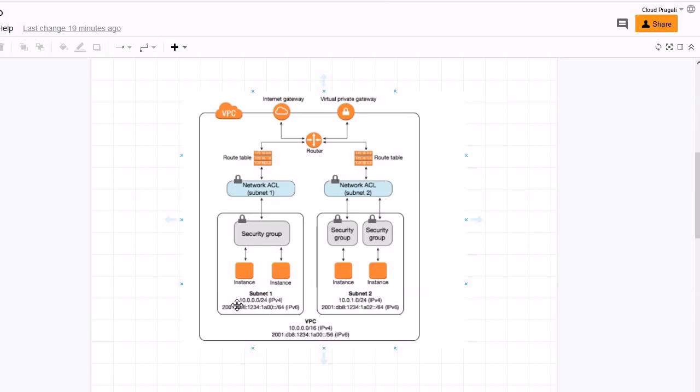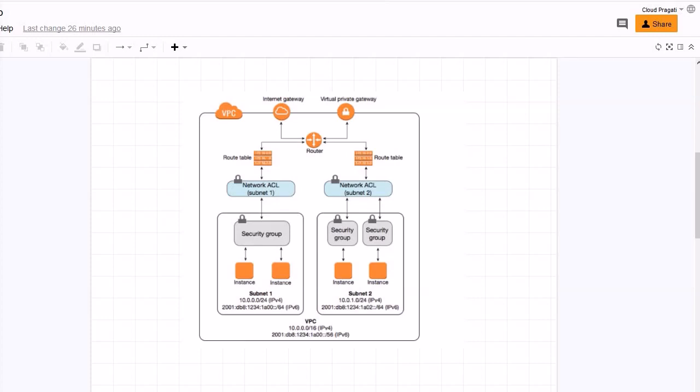The first subnet has 10.0.0.0/24, and for the second subnet, if you look into the third octet, it is changed to 1. But overall it belongs to the range 10.0.0.0/16 only. So with the help of the CIDR block, this VPC range is defined.